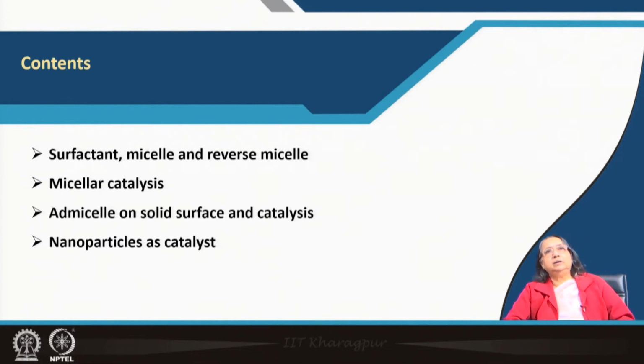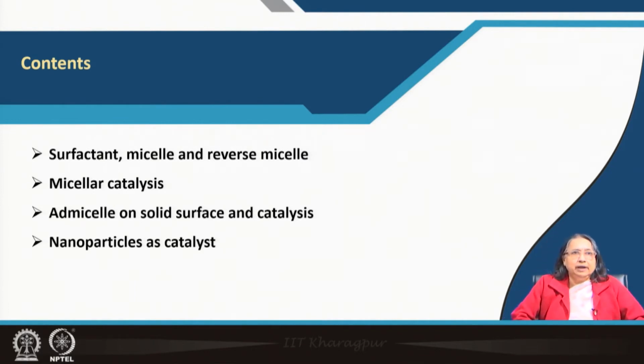Then I will tell about the admicelle and how the admicelle can hold the catalyst and carry out the catalysis in a favorable way. And then I will tell about nanoparticles. Nowadays nanocatalyst is a very important field of research. So, I will cover all those things in this lecture.